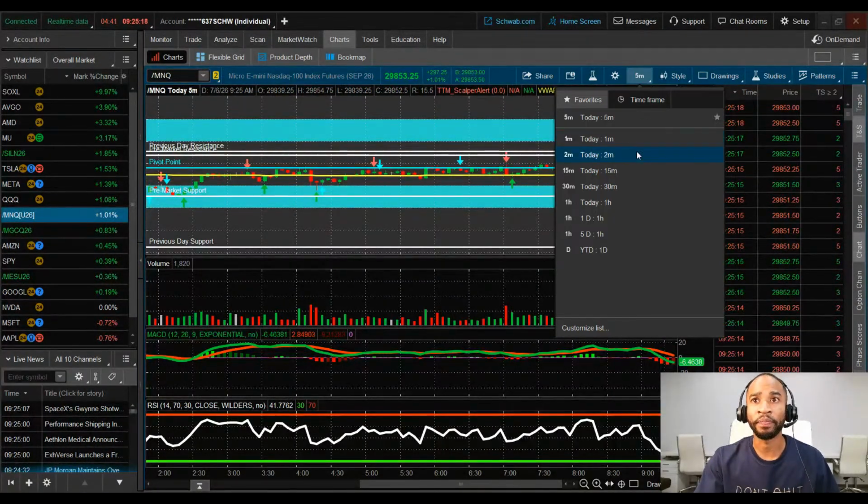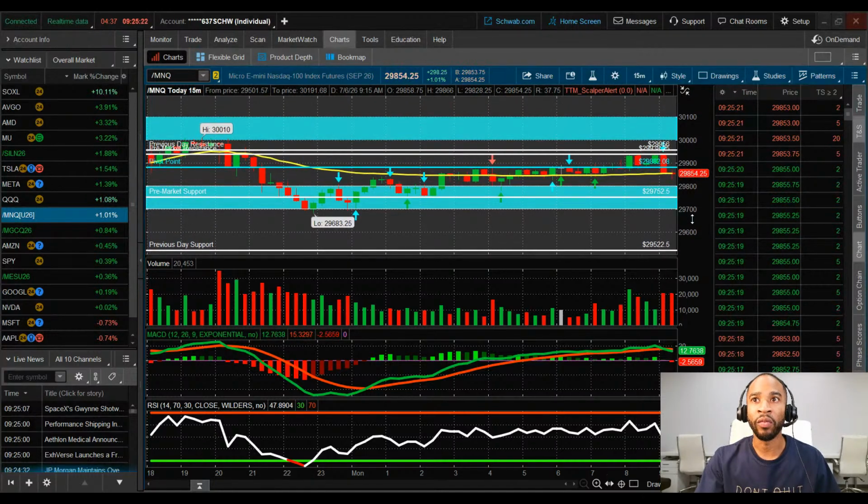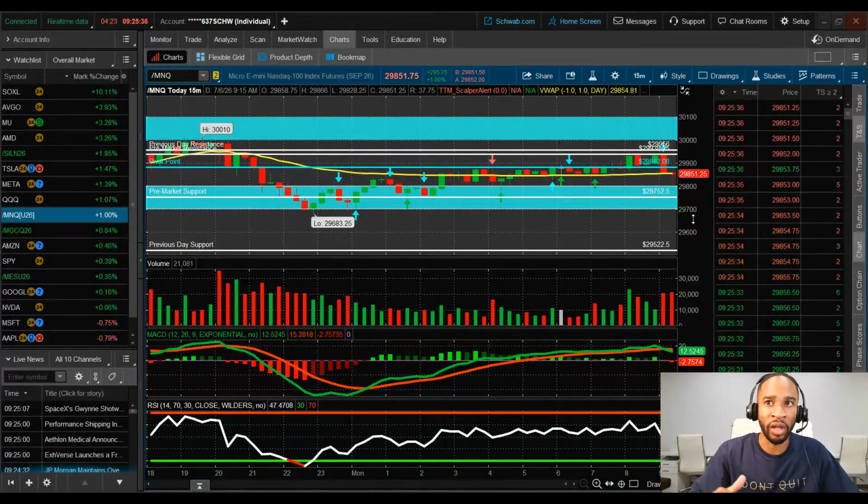So at the moment, the market structure is not really pointing towards the downside or the upside. We're currently stuck in between the pivot point and the resistance level and the support level below.